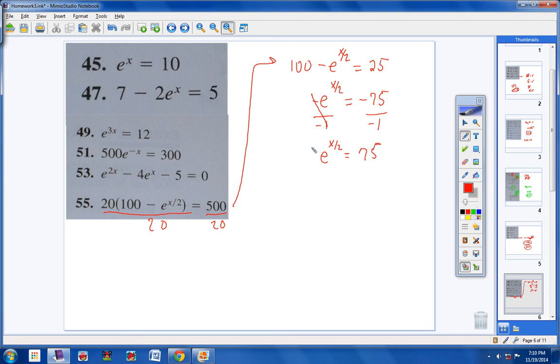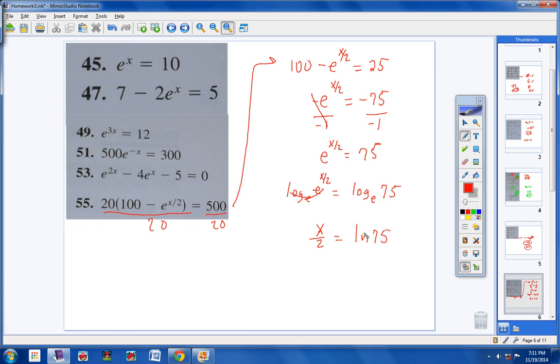The base of your unknown is e, so log base e of e to the x over 2 and 75. Okay, your base matches your base. X over 2 equals, remember log base e is natural log.